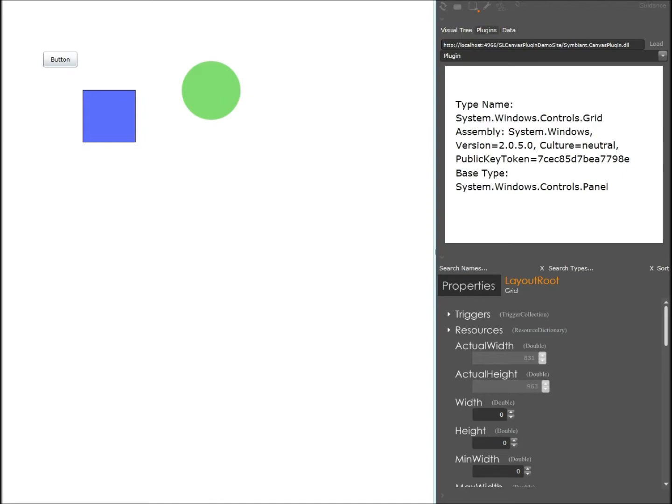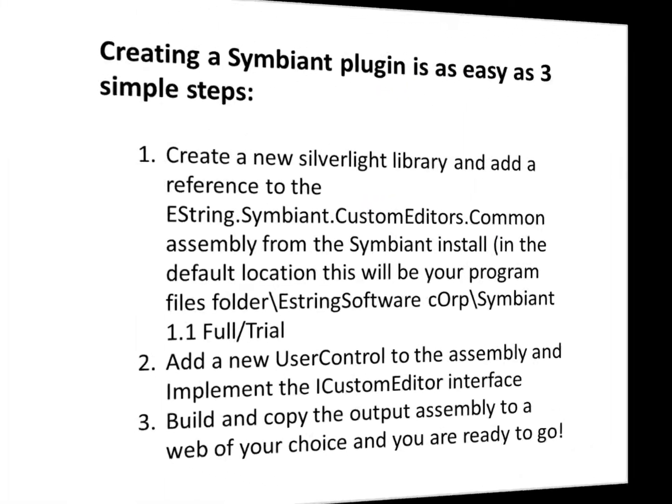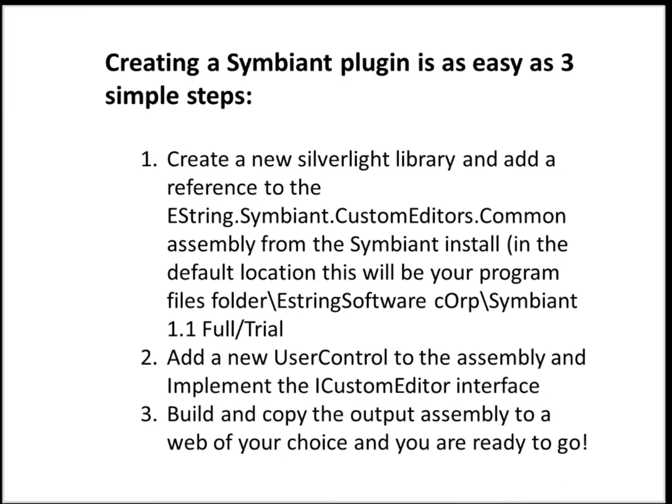So let's dig in. How do we create this plugin in Symbiant? It's pretty simple. You can boil it down to three easy steps. Step one is to create a new Silverlight library and add a reference to the custom editors common assembly from the Symbiant install. For the default install, that's going to be under your Program Files, EString Software Corp folder.